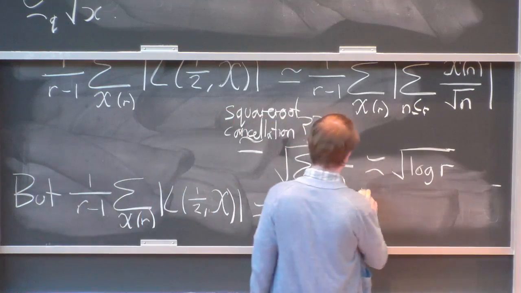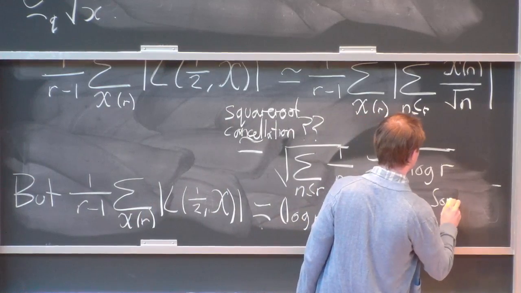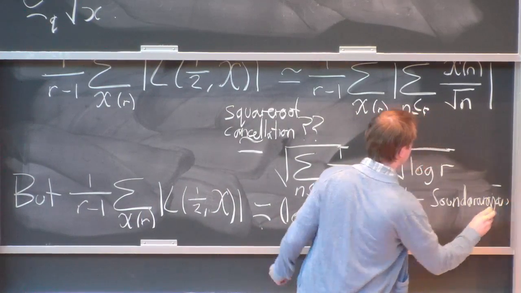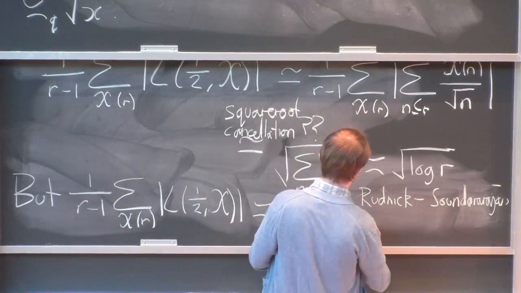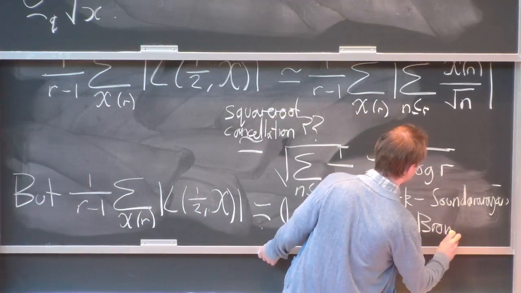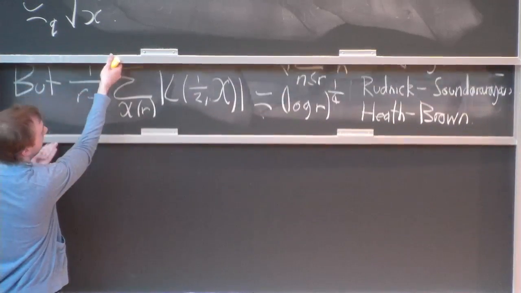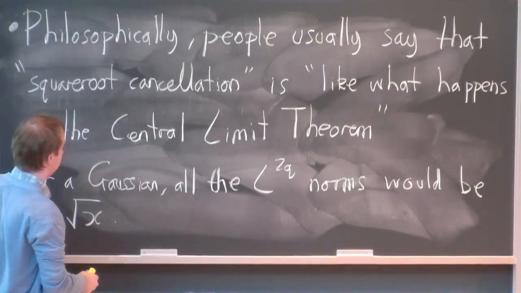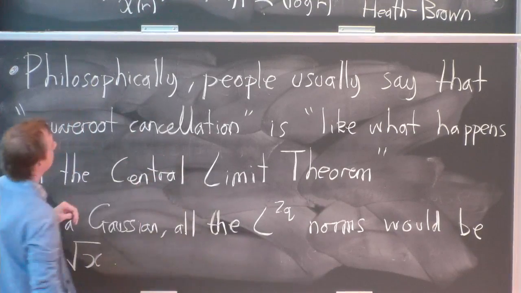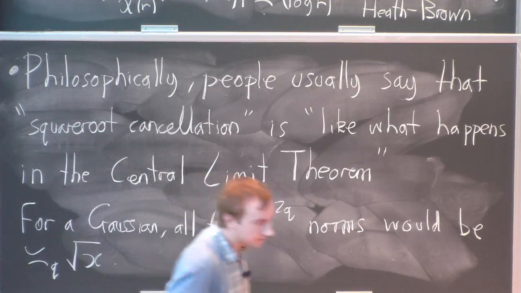And this is a result of Rudnick and Soundararajan for the lower bound, and of Heath-Brown for the upper bound. So on the 1/2 line, at the critical point, you get better than square root cancellation.